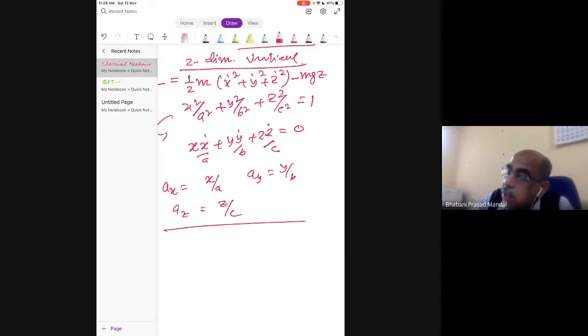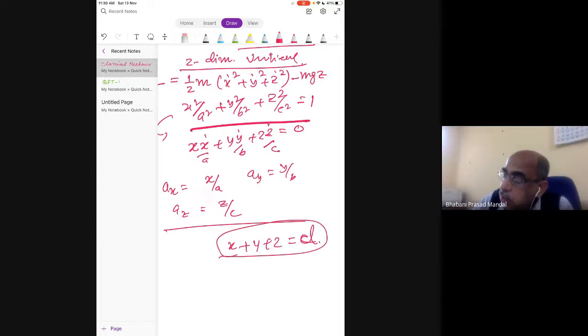Similarly, I can say that this particle moves on the surface of a sphere, an ellipsoid, and is also subjected to the condition x plus y plus z equal to c, or maybe d, since c is already used. So there are 2 constraints. In this constraint, if I differentiate, it will be x dot plus y dot plus z dot equal to 0.